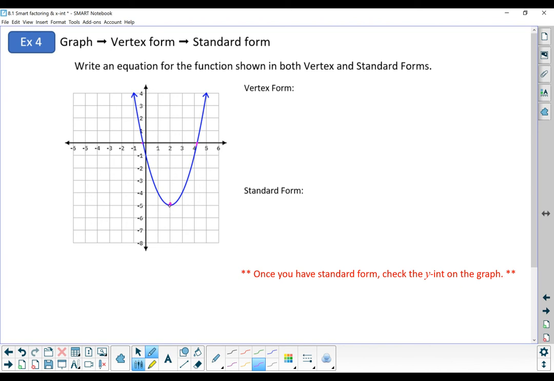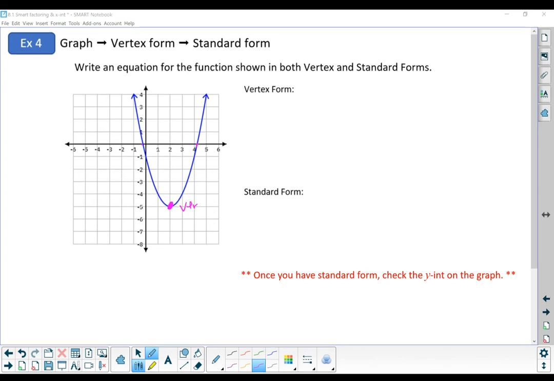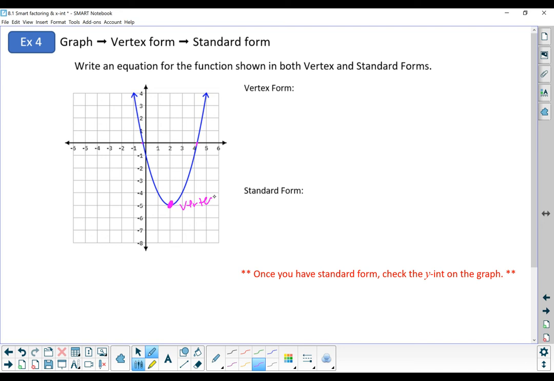Well, this one does have a really nice vertex right there at 2, -5. And since that vertex is such a nice point, we can write our equation in vertex form. This is the form that we used last unit, and we're going to use it occasionally this unit as well. Y equals a times x minus h squared plus k.